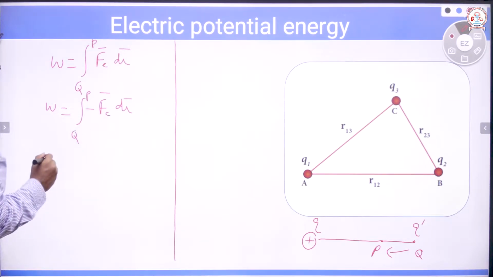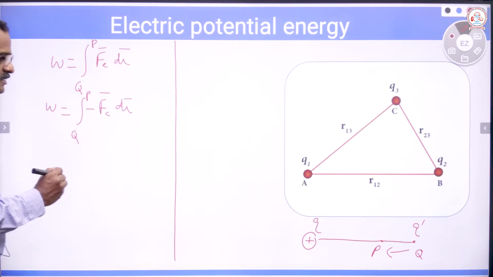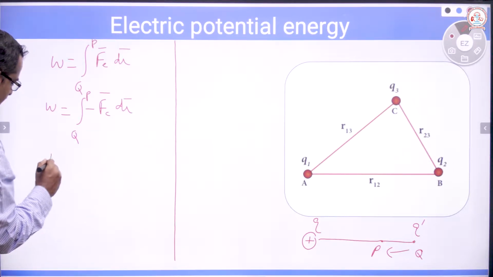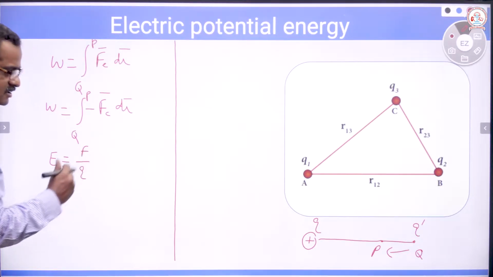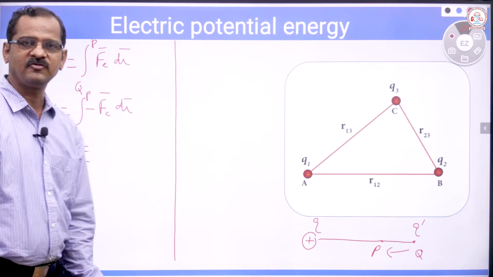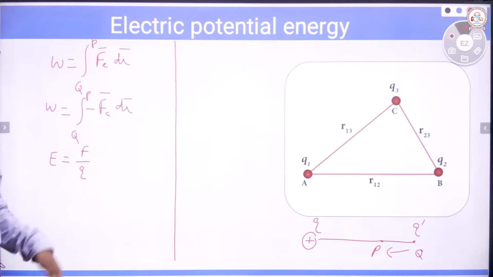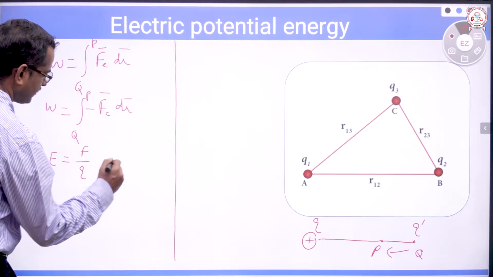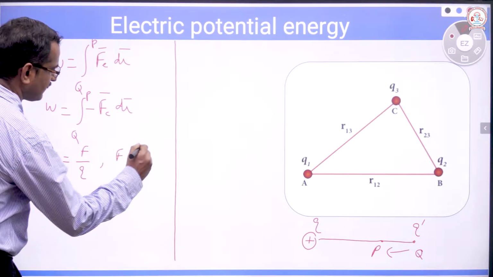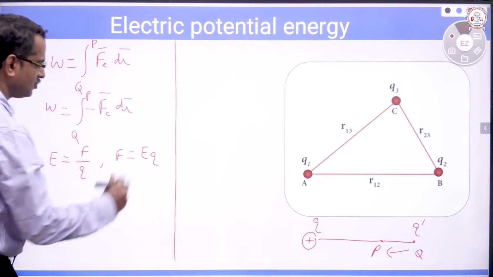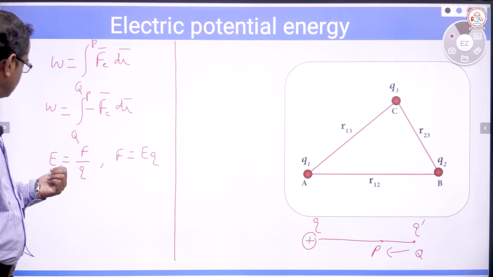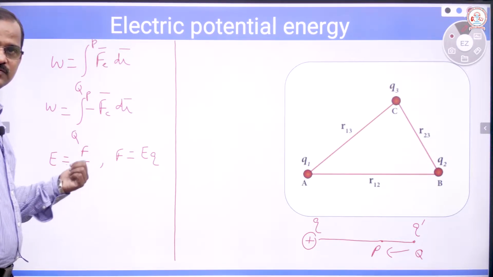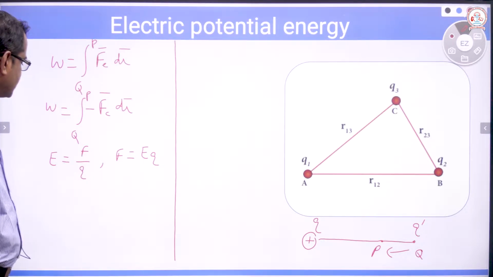We know that electric field at a point is the force experienced by a charge at that point. So from this we can write that force F is equal to EQ. Electric field at a point can be defined as the force experienced by a charge kept at that place.